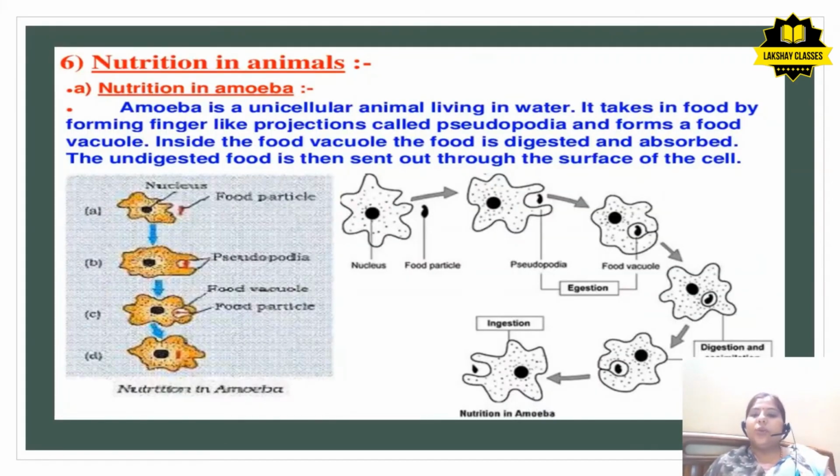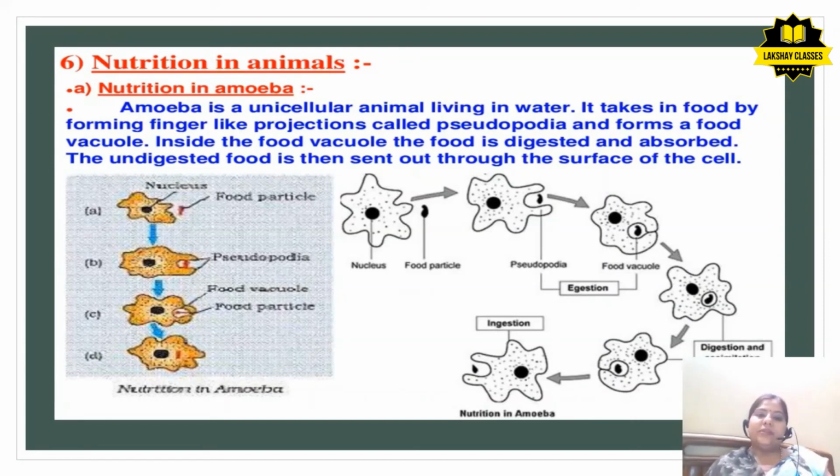So let's understand in detail nutrition in animals. Here we will understand about nutrition of amoeba. Amoeba is basically a unicellular organism. All the functions of the body are performed by this single cell only. This is the amoeba, you can see.